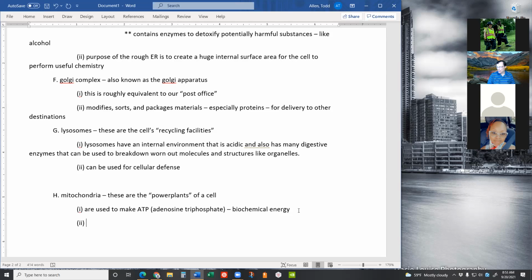Again, I want to give you an idea of scale in terms of, well, how many mitochondria do you typically find in a human cell?